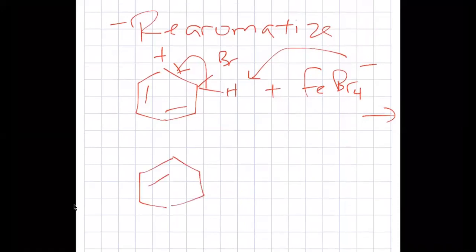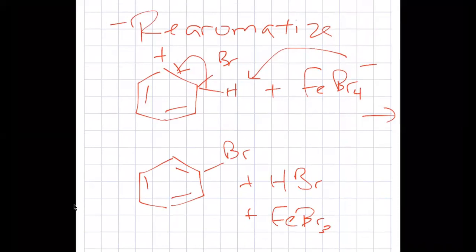So now you're here. Plus HBr. And then remember, we talked about this also. The catalyst always gets regenerated. You never use it up. So that rearomatization step has really two purposes.